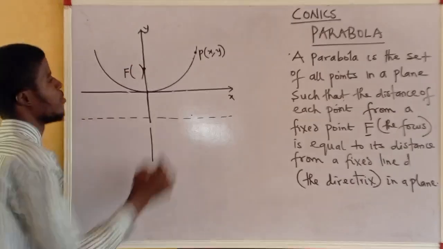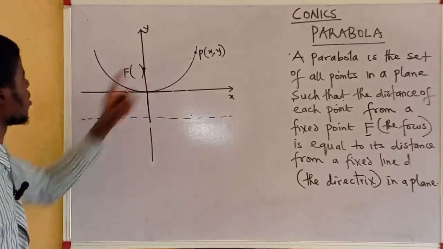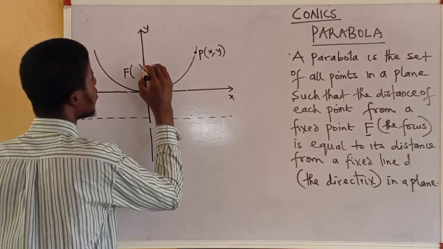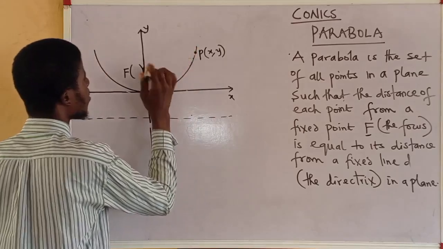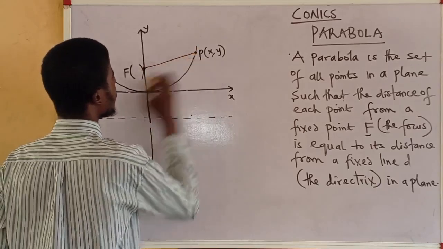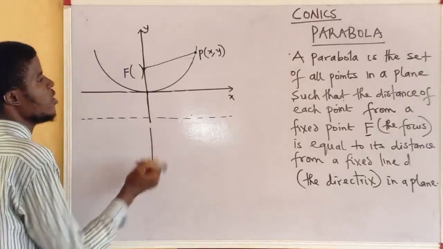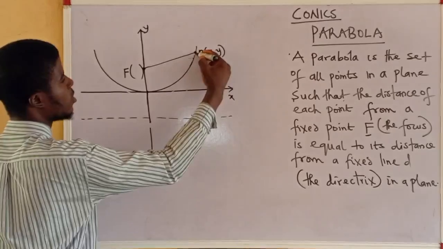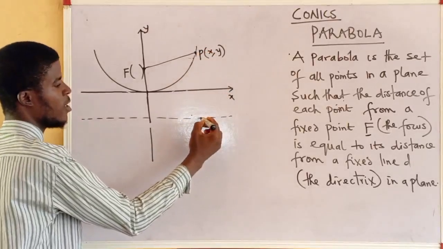This is the focus. The distance between this point and the focus is equal to the distance from this variable point to this line.